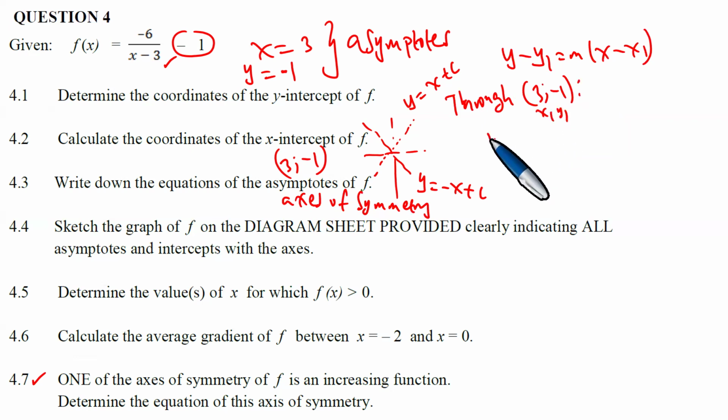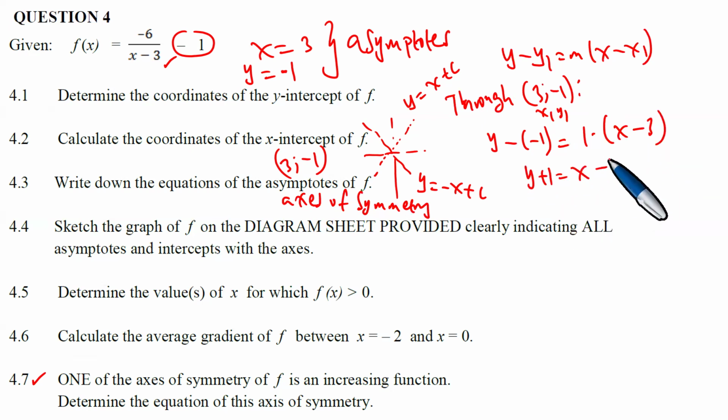So y minus y1, which is -1, the slope is 1 into x minus x1, which means we have y plus 1 equals x minus 3, which means y equals x minus 4. So one of the axes of symmetry of f is an increasing function; the equation of this axis of symmetry is y equals x minus 4.